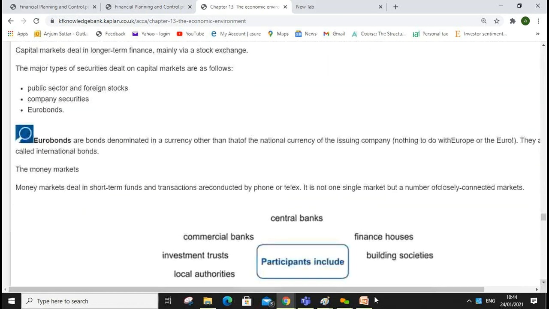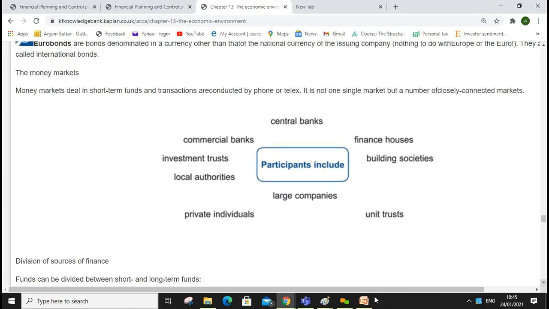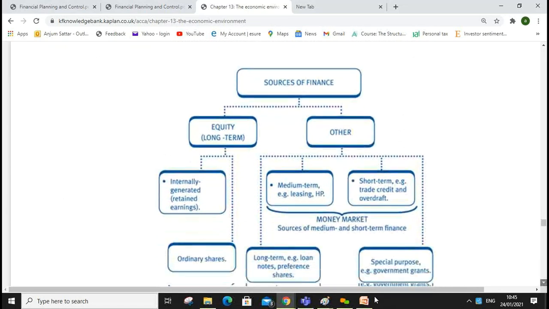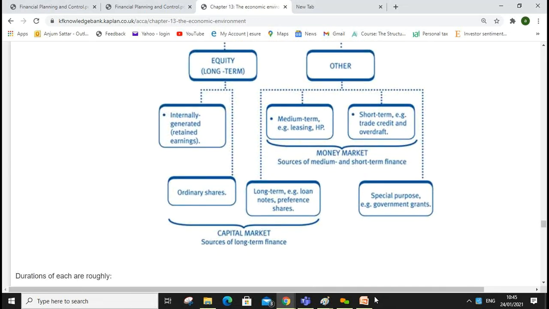Then we have the capital market, where we can sell the shares, and then the money market, where bonds and things happen, and the sources of finance. So these are sources of finance, which will go through equity and other finance. We can generate internally through retained earnings.